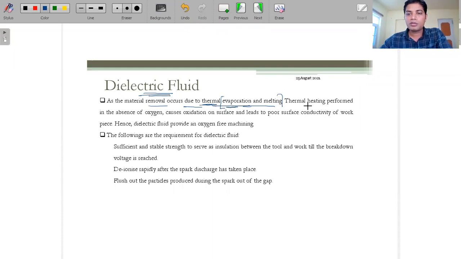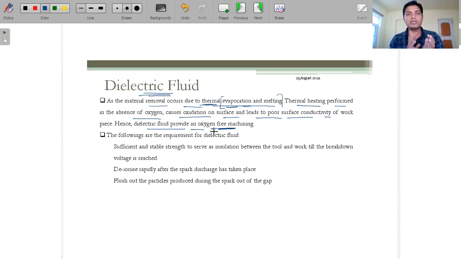Now, thermal heating performed in the presence of oxygen causes oxidation on the surface and leads to poor surface conductivity of the workpiece. That's why we are using the dielectric fluid, which will be oxygen free. As I said, if you use this spark in the air only, we cannot use it, because from the literature part only we started.